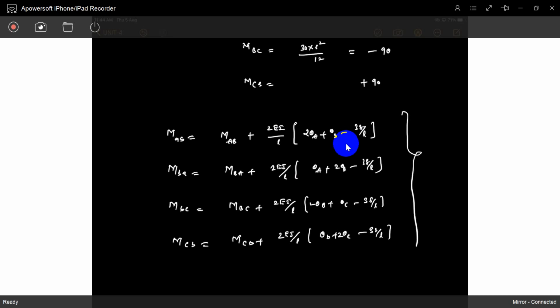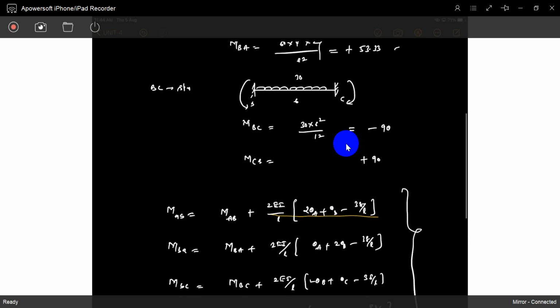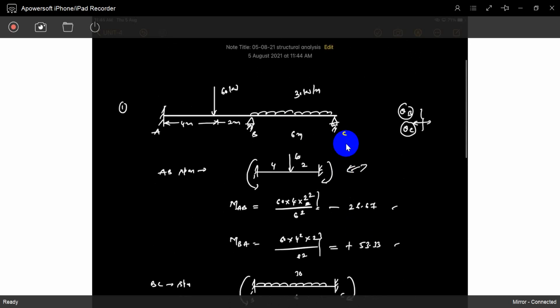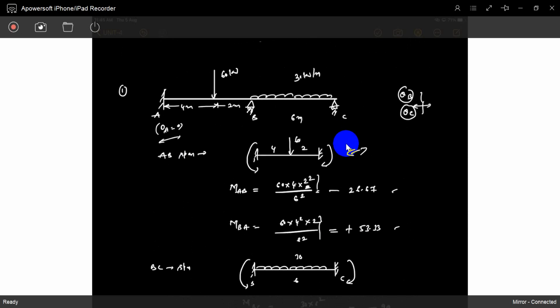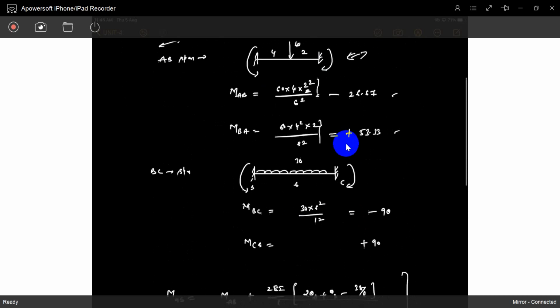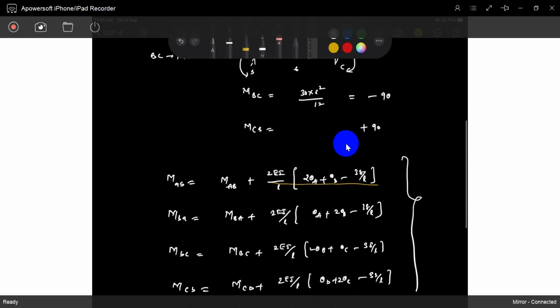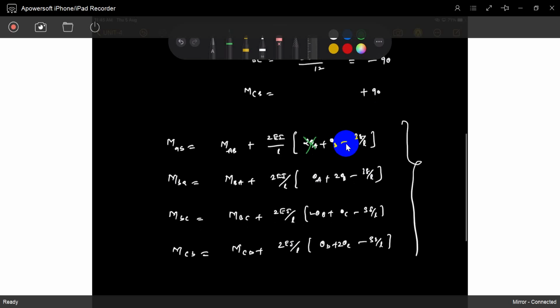Now you observe it. Theta A is 0, you already know it. Also there are no support settlements, so you can directly strike out the delta terms. Theta A is 0, strike out.